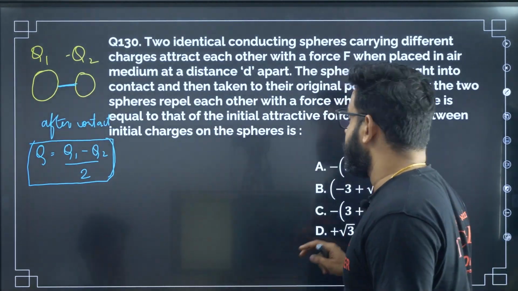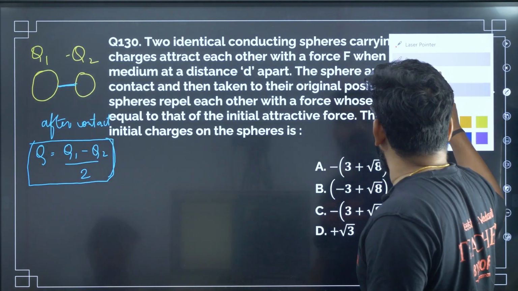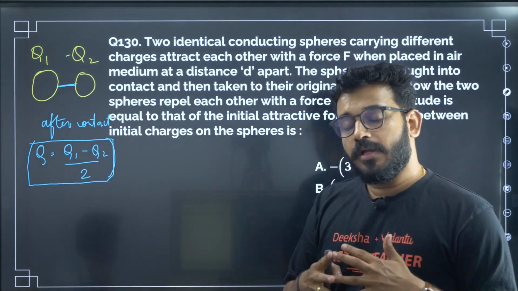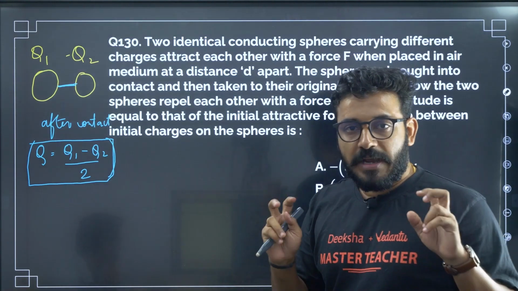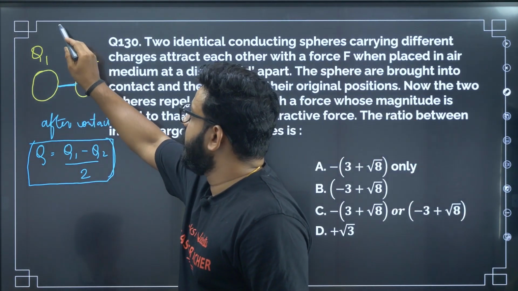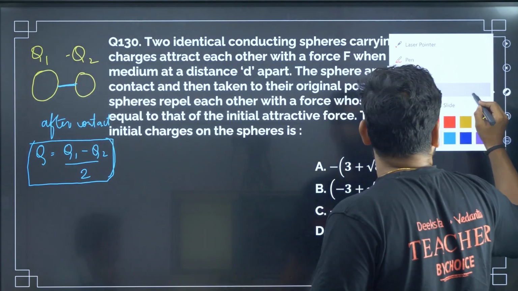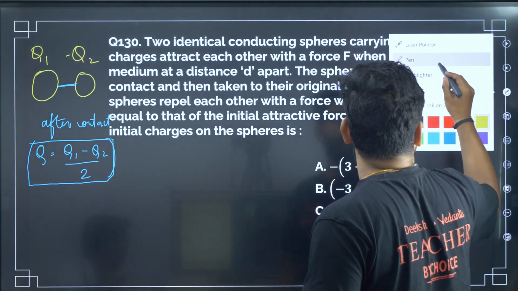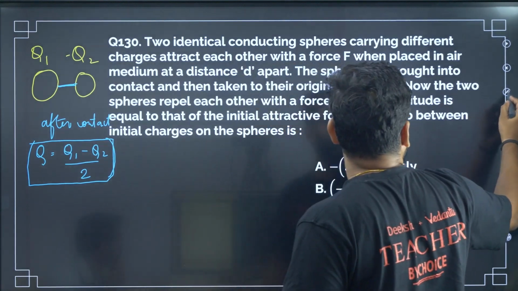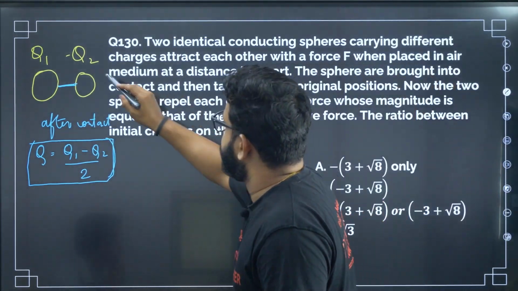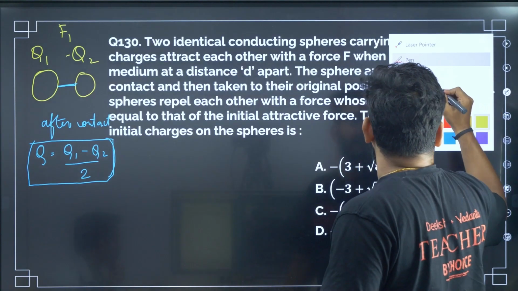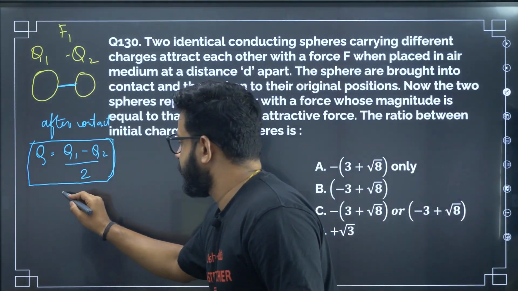Now what is the condition? Now the condition is that even after you touch both of them, take it to the original place, same distance and all, the force magnitude is same. So F1 equals F2. So this is F1, initial, and final is F2.